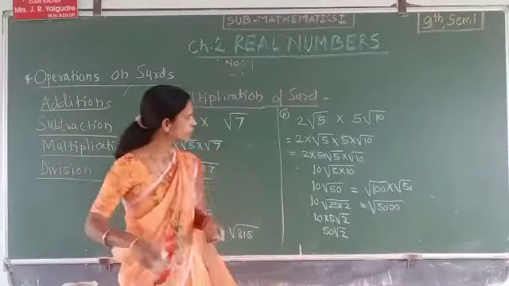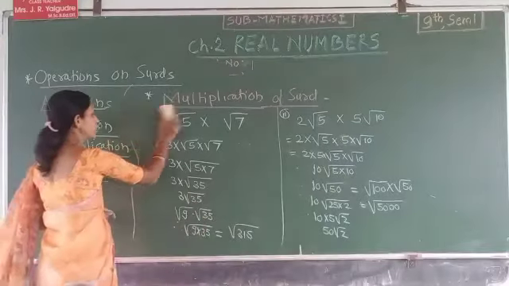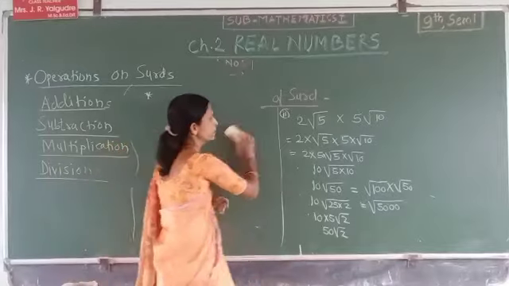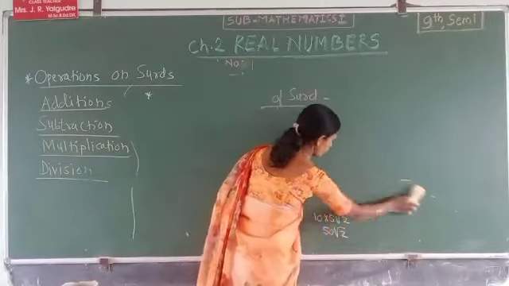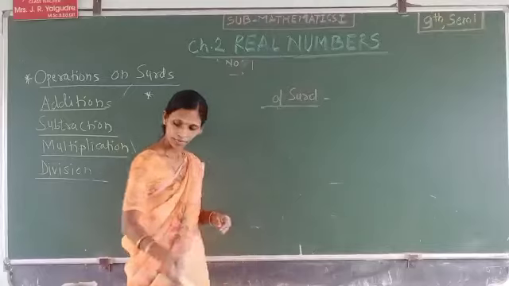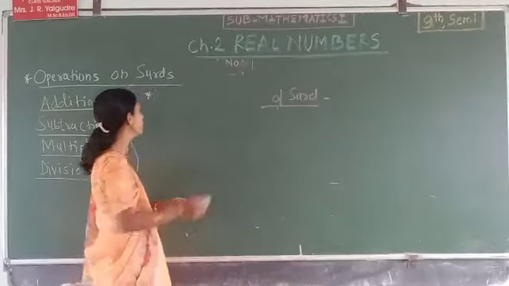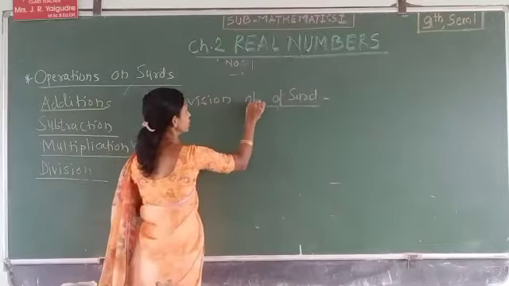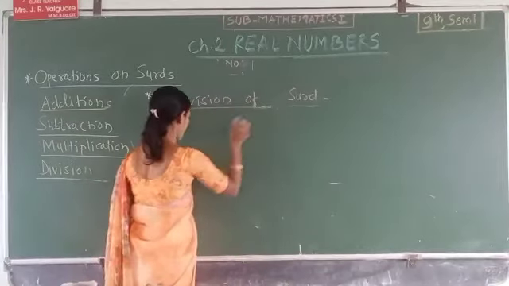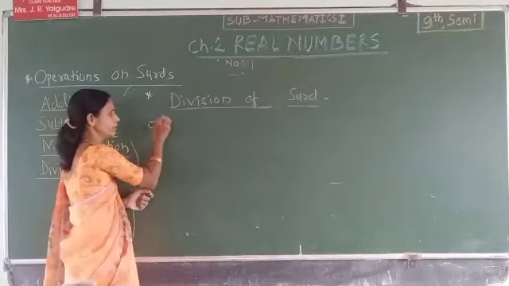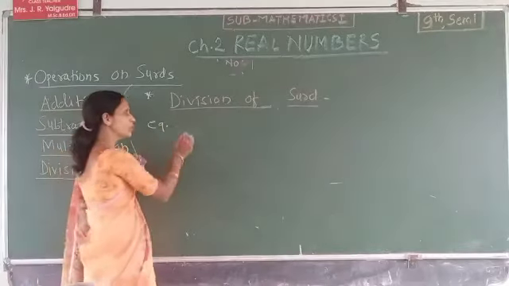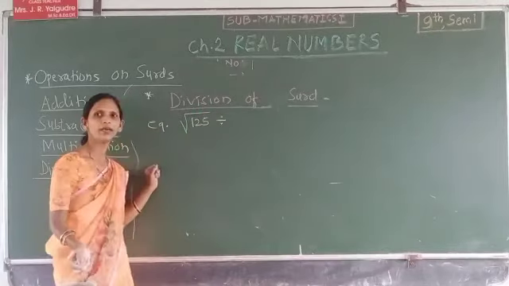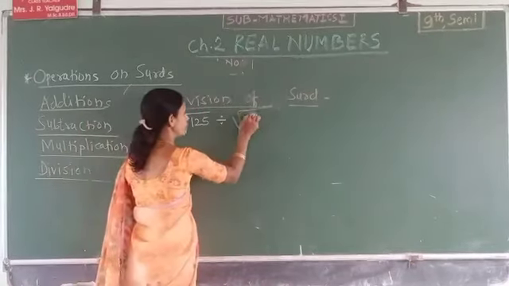Then one more operation that can take place on surds, that is division of surds. Taking one example of division of surds, for example, see here, root 125 divided by root 50.